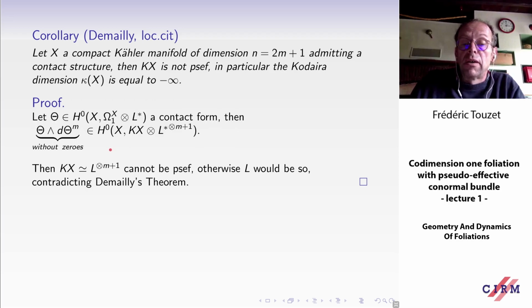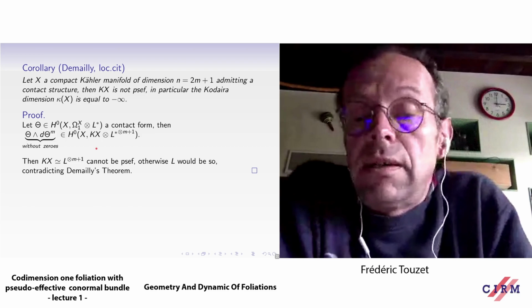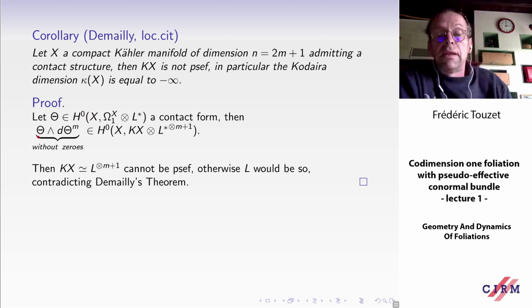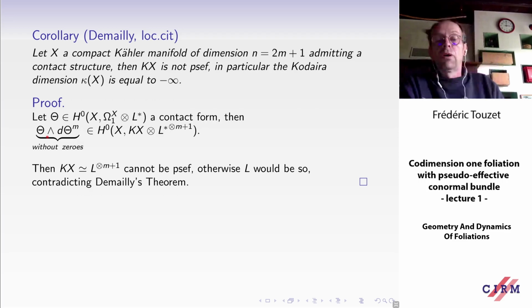But this canonical bundle cannot be pseudo-effective, because the same thing will hold for L. Indeed, if L is pseudo-effective, this is equivalent to saying that any positive power of L is pseudo-effective, by definition. And if L is pseudo-effective, this will imply, in fact, that theta is integrable, but it is incompatible with the contact structure, of course.